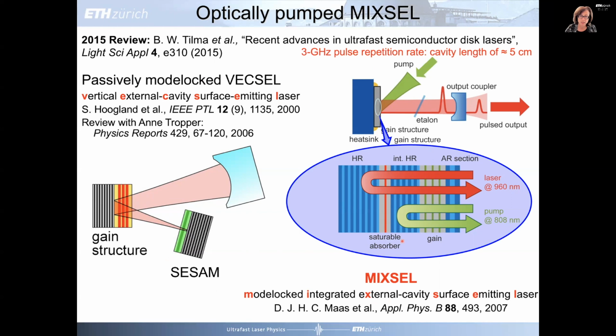We introduced an intermediate highly reflecting mirror that reflects the pump so that the pump light does not start to saturate the absorber. If everything is adjusted right, you pump CW and get perfect mode-locked pulses out of this laser. With, for example, a cavity length of about 5 centimeters, you get a 3 gigahertz pulse repetition rate with only one pulse circulating inside the cavity. Because you have an external cavity, you can also put in an etalon to get tunability, or without the etalon, there are different options here.